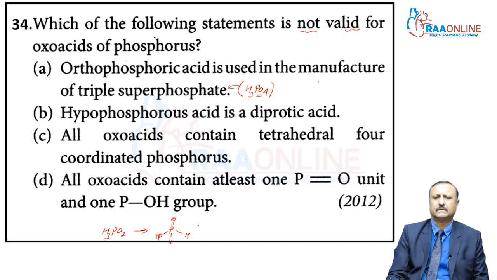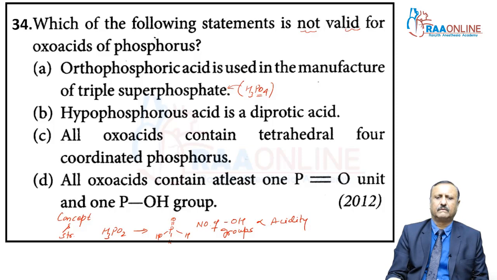And we can know the number of OH groups, this is a concept, my dear students. Here you can see the concept and structure. The number of OH groups is proportional to the acidity.